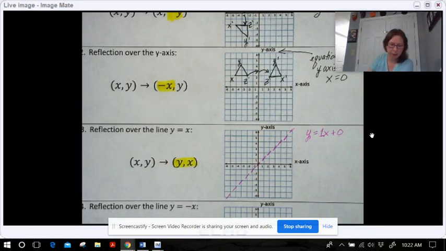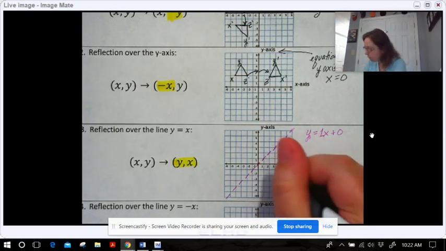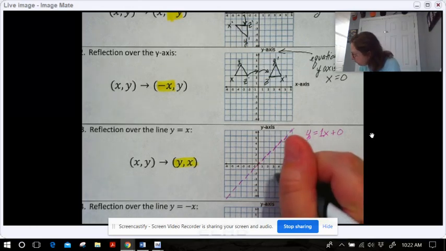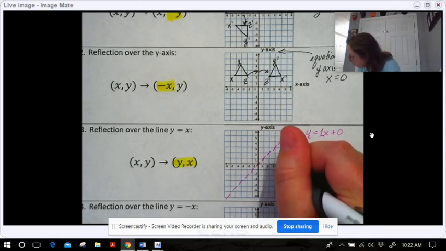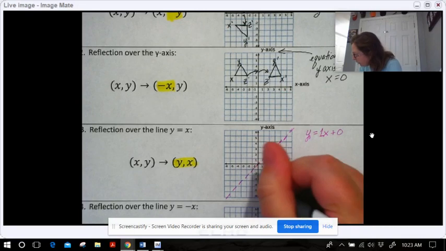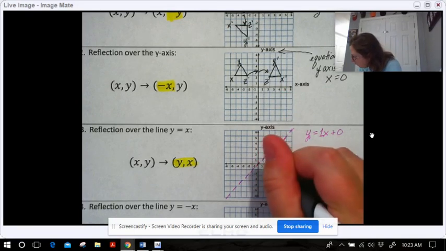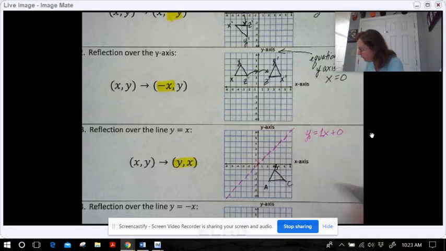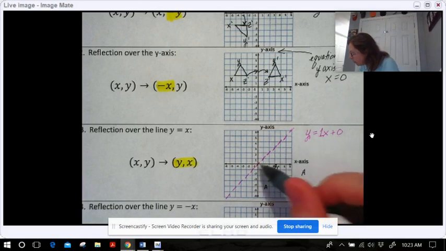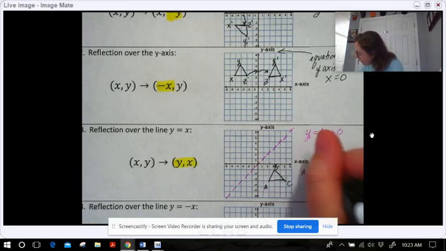All right, so I am now going to take a figure. Let's just start something down here now, okay? And I'm going to create a different triangle. There we go. I'm going to label these A, B, and C. So currently for my A, it is at over 2 down 3.